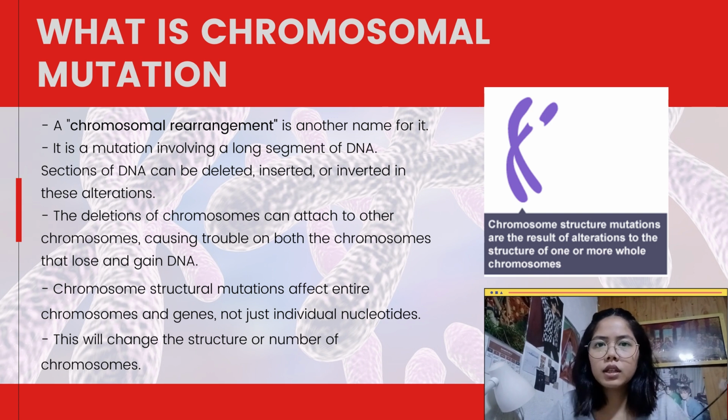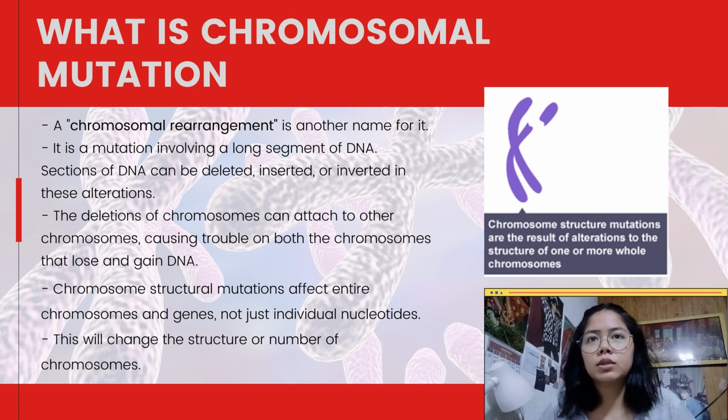Also, in some situations, the deleted segments of chromosomes can attach to other chromosomes, causing trouble for both the chromosomes that lose and gain DNA. A chromosomal rearrangement is another name for this kind of mutation.